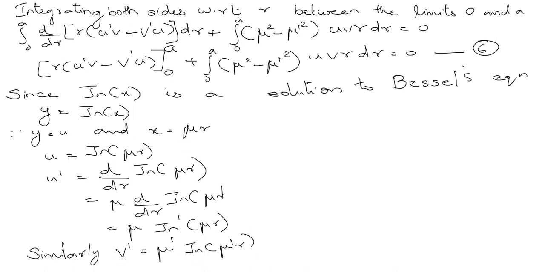Now we are going to substitute for u, u dash, v and v dash in this equation. Using this relation we are going to substitute for all this in equation number 6.